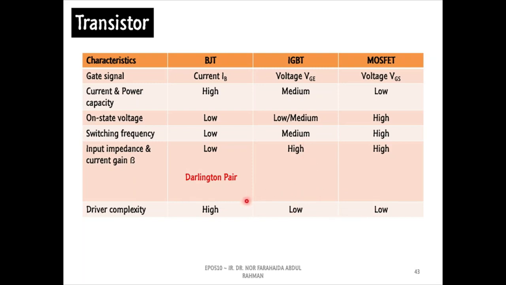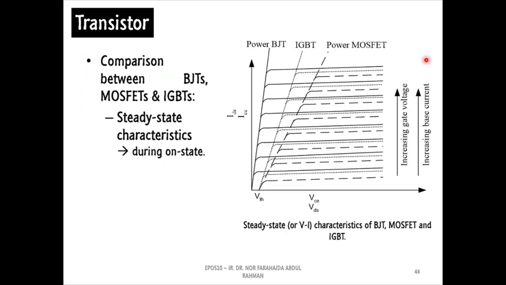To overcome the complexity of the driver circuit, we can try to increase the current gain. One way to increase the current gain is by using a Darlington pair. Please refer to the note or other references to study about the Darlington pair.